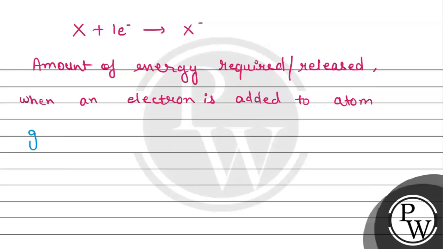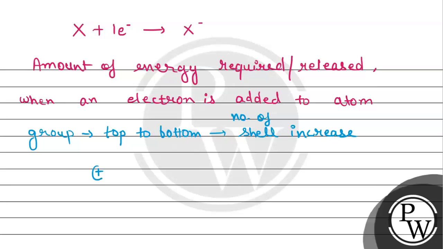A group in the periodic table is basically from top to bottom. And whenever we move from top to bottom in the group, the number of shells increases.